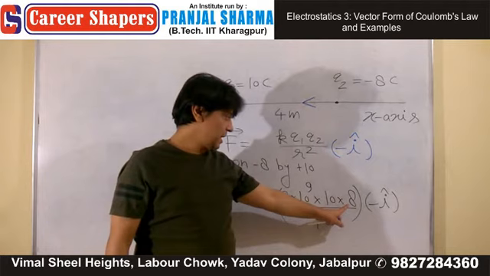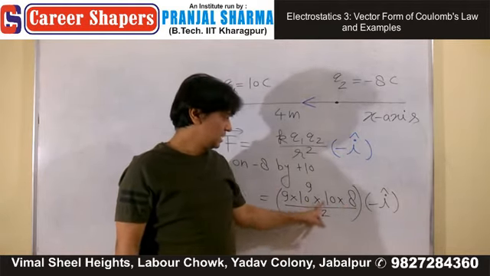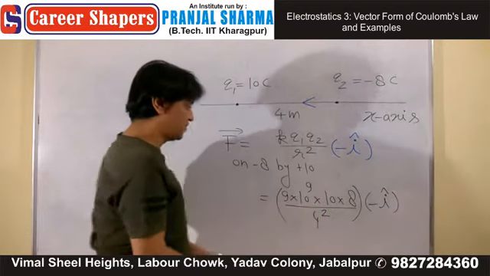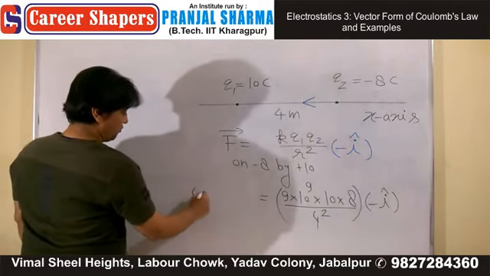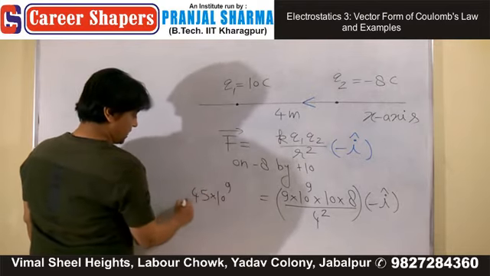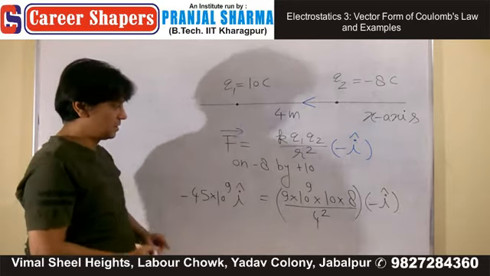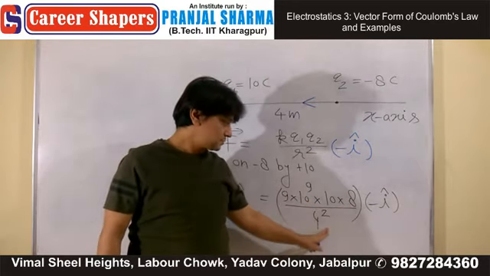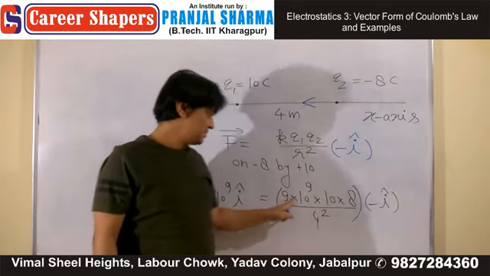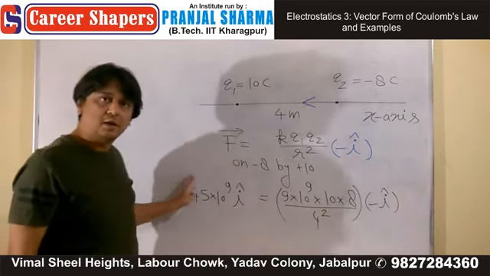This is coming 8, 16, 2, 10, 5, 9, 5, 45. 45 into 10 to the power 9 minus of I cap.